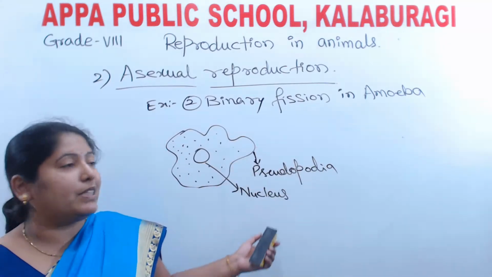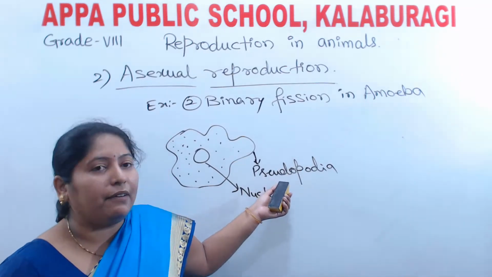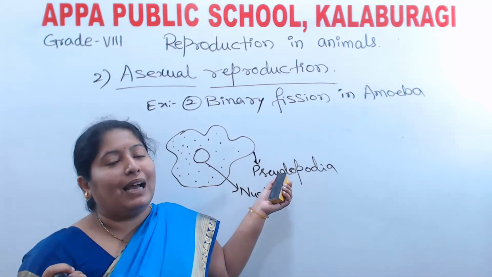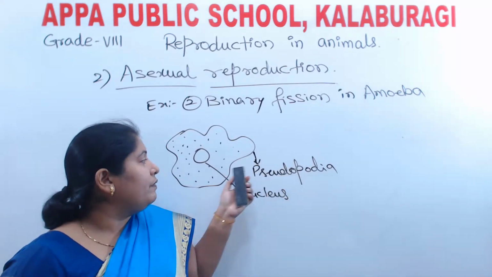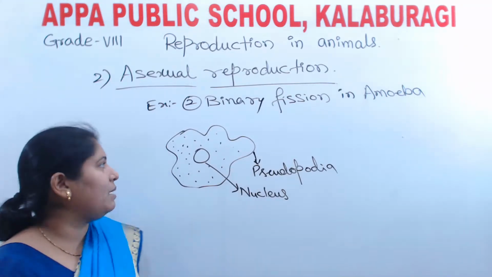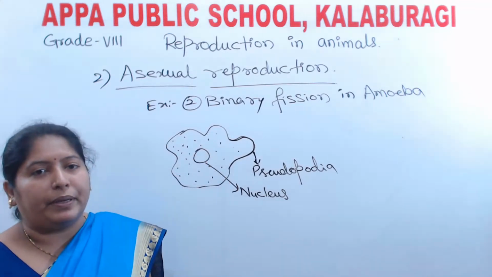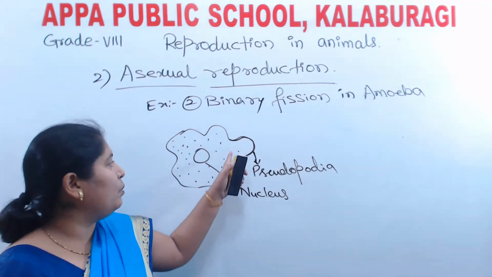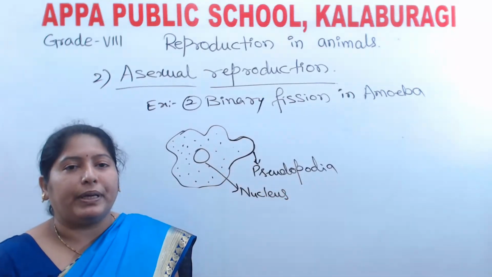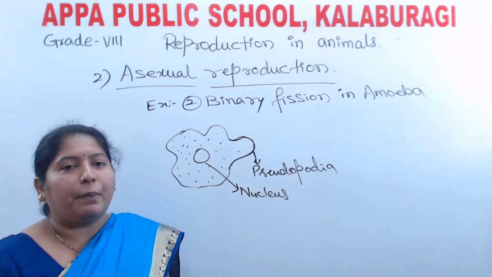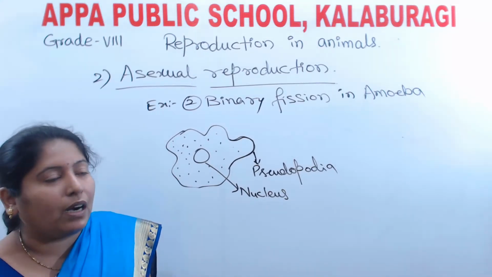What are pseudopodia? They are also called false feet. False feet help to trap the food material and also to move the amoeba from one place to another. So we call that pseudopodia, which is an extended or protruded part from the body. Right? The external outgrowth which we can easily observe is nothing but the pseudopodia or false feet of the amoeba. So how does this amoeba undergo binary fission?